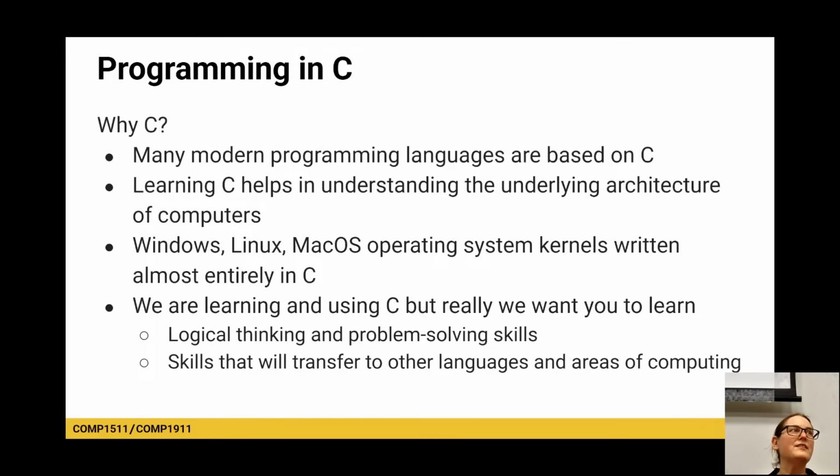The other thing, and the main thing, is learning C actually helps you understand the underlying architecture of computers. So when we program in C, we're directly manipulating memory where we're storing our data. And often in other programming languages, you don't really get to do that. It sort of does that stuff for you.